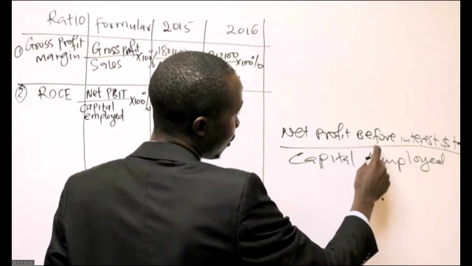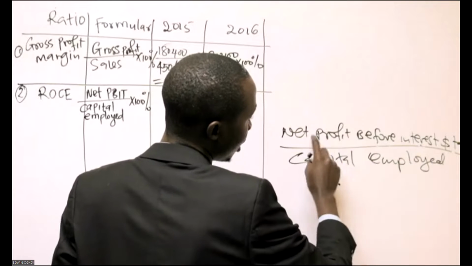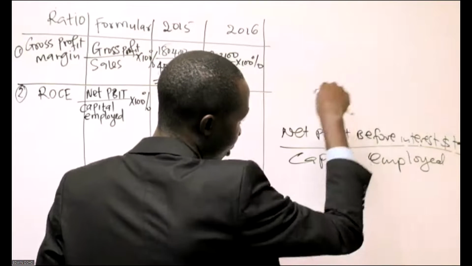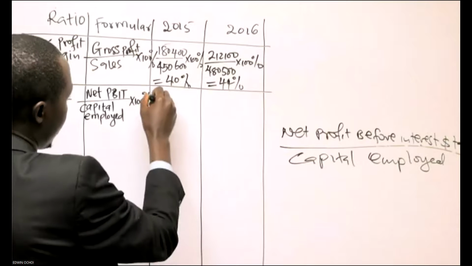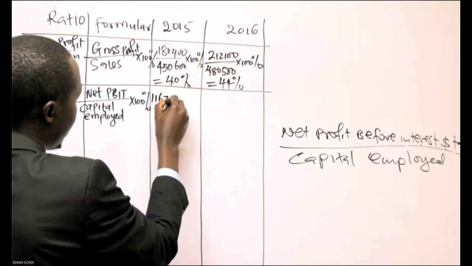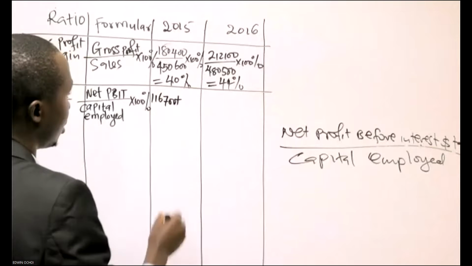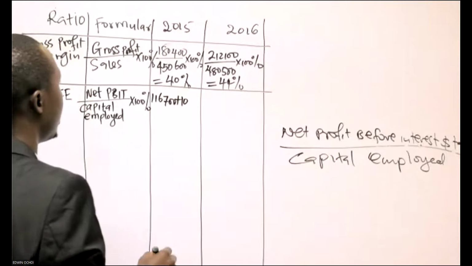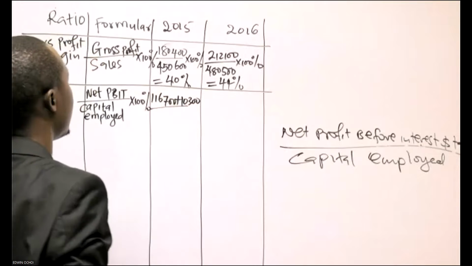So to get the net profit before interest and tax, we have to add back the interest. So given 116,700 plus 10,300. Then you divide.